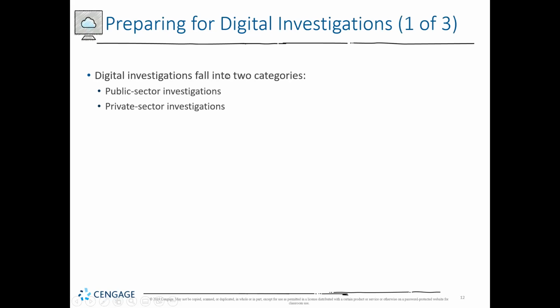Digital investigations fall into two categories, and this is also in your study guide. But then we break down the public sector investigations into two additional categories. So we go to the trouble of taking one of these two primary categories and splitting it again in the study guide.